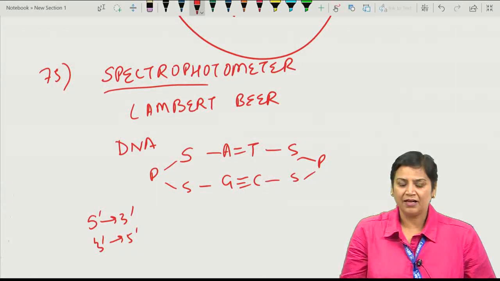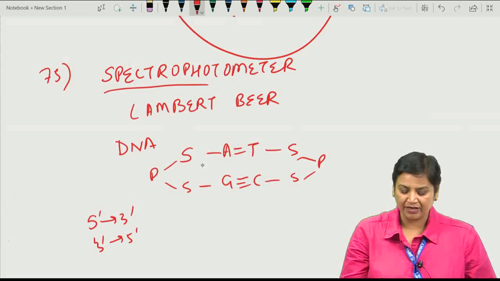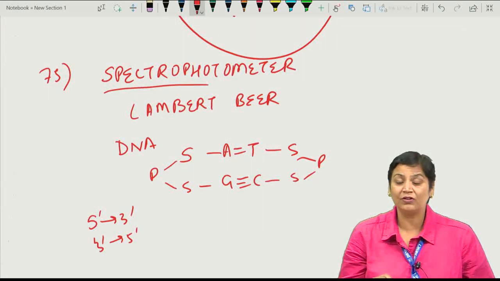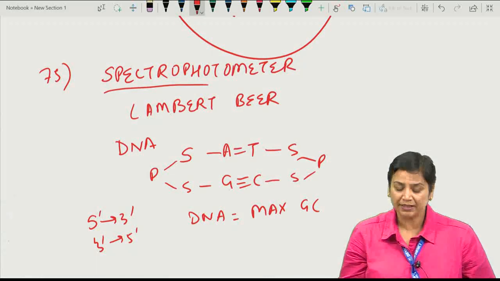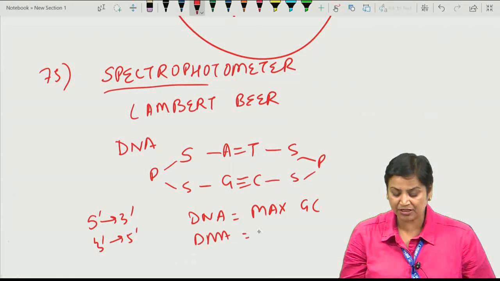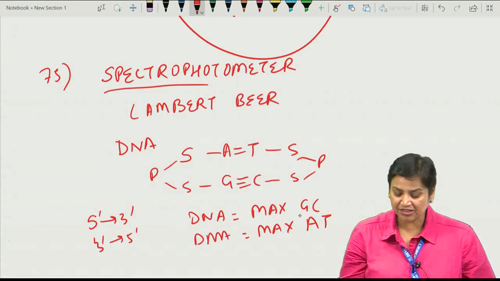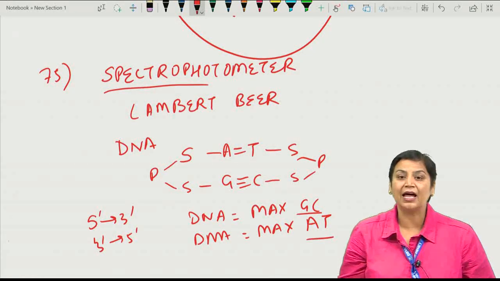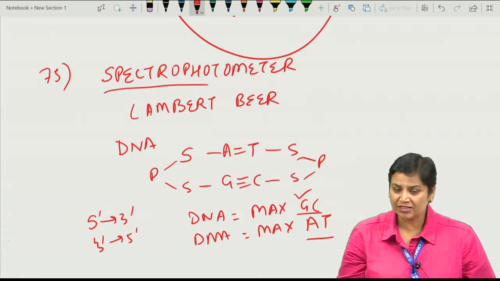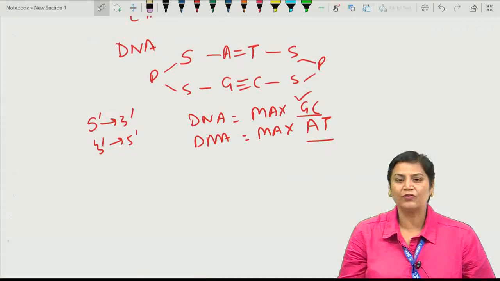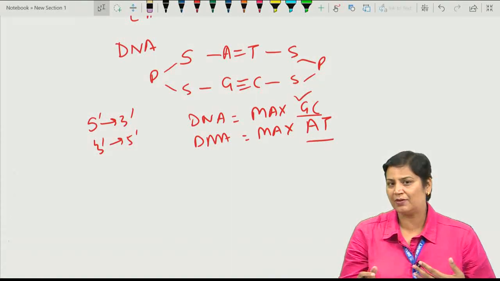Sugar and phosphate will be the same, so the difference between two DNA samples would be the bases. One sample of DNA can have maximum GC base pairs, another might have maximum AT base pairs. GC is triple bonded, AT is double bonded, so a large amount of energy is required to break DNA which has more GC base pairs, and less energy is required to break DNA which has more AT base pairs.